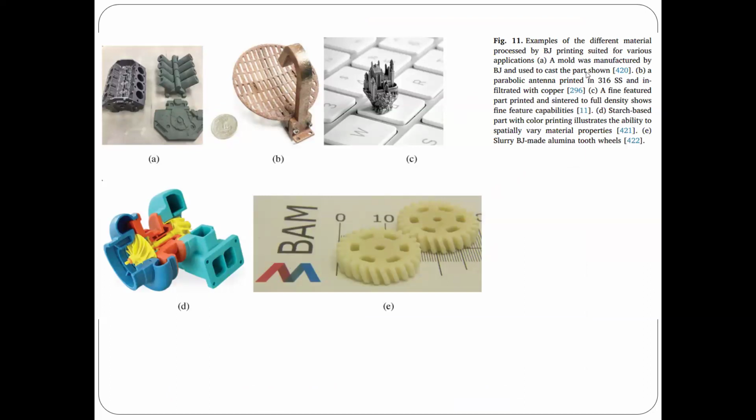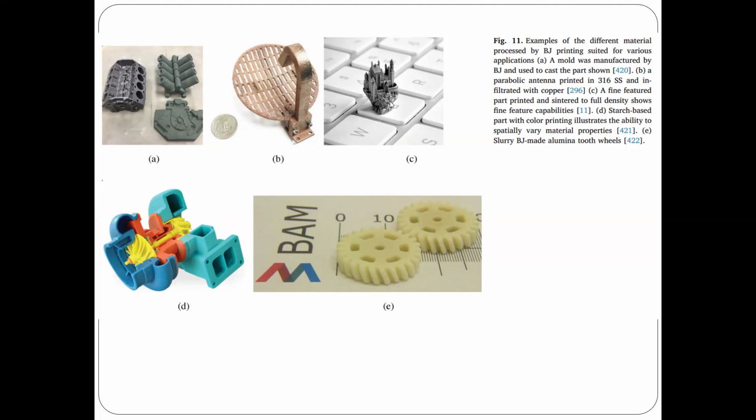The first one is a mold that was manufactured by binder jet and used to cast the part shown. B is a parabolic antenna printed in stainless steel, infiltrated with copper. Then another application is a fine featured part printed and sintered to full density, which shows fine feature capabilities.